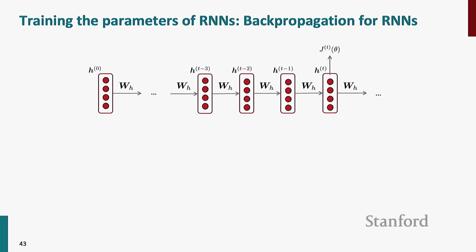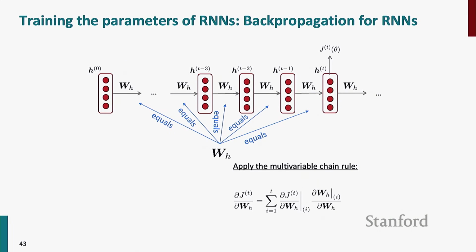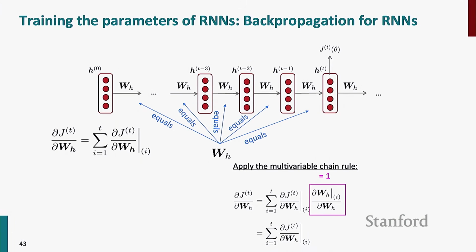Since those are identity copies, they have a partial derivative with respect to each other of 1. Then we apply the multivariable chain rule to these copies. We've got an outward branching node, and you're just summing the gradients to get the total gradient for the matrix.